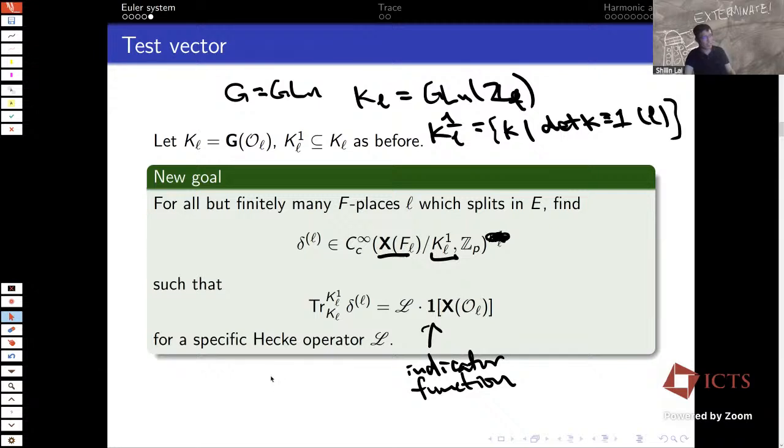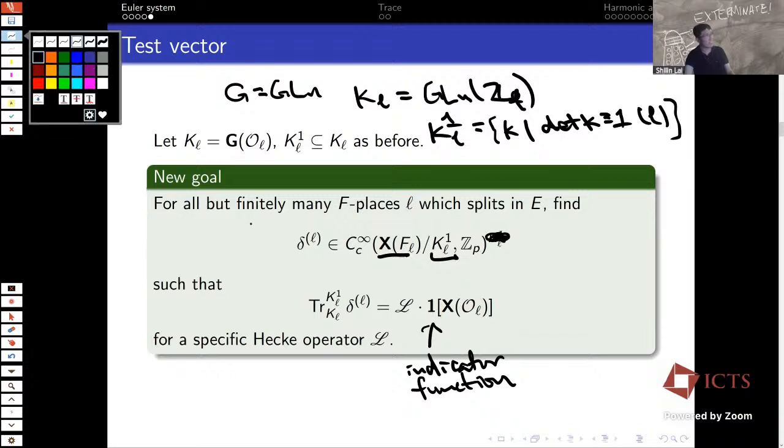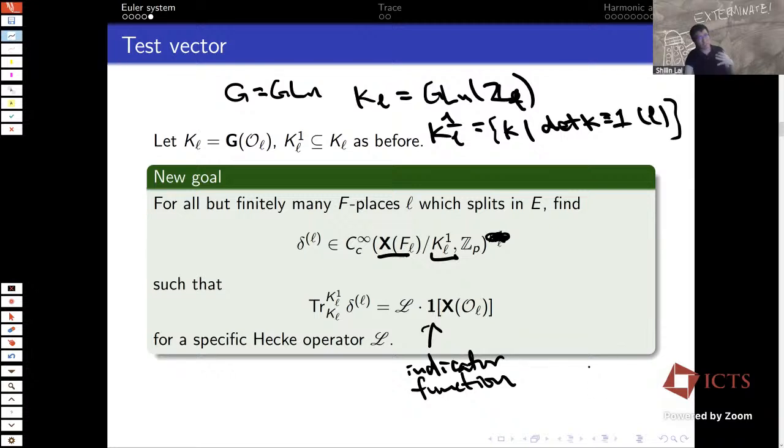And our strategy is to first characterize the image of this trace map. That's basically about the geometry of X. Then we use harmonic analysis to show that this lands in the image of the trace map. So we are never actually working with this space directly. Okay, so that's the goal.